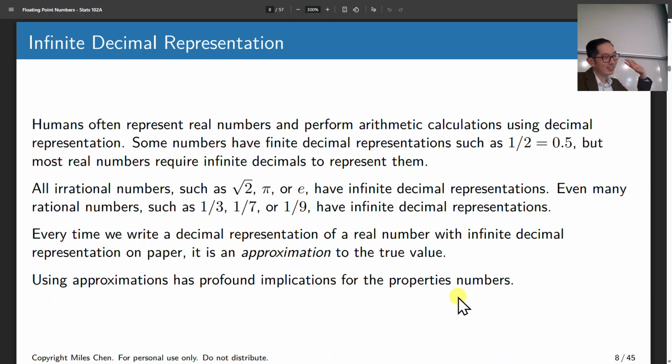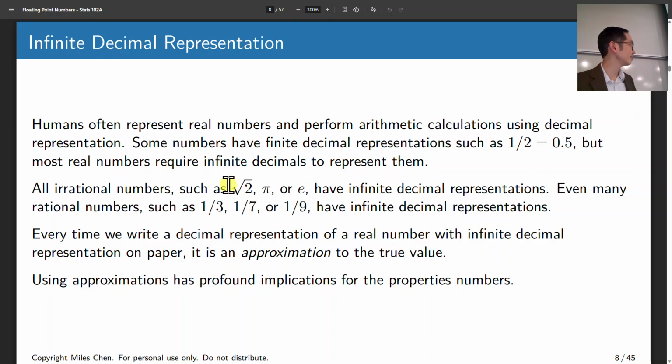it is true to say most of the values on the real number line have infinite decimal representations. Some of them have finite decimal representations, like the number 1/2 we can represent as 0.5, and that is an exact representation of the value 1/2.